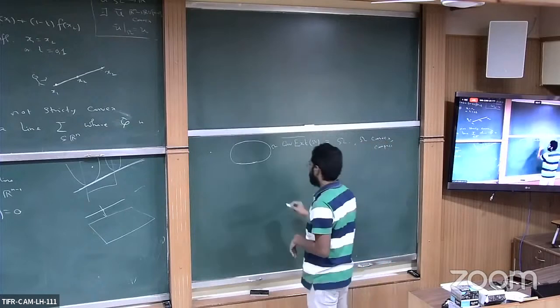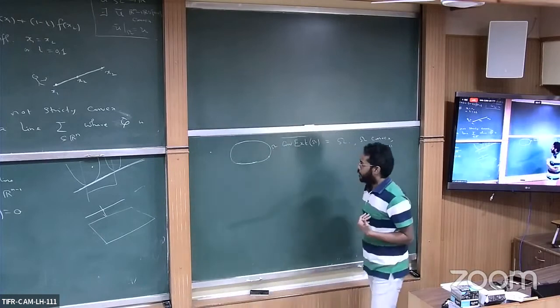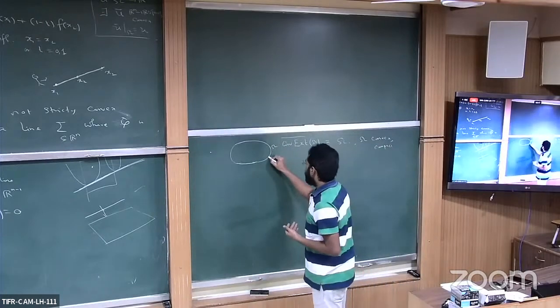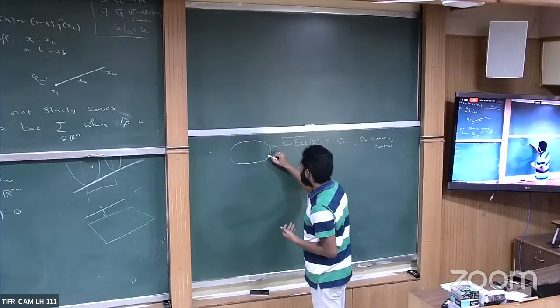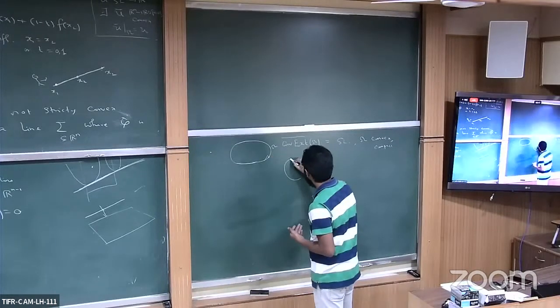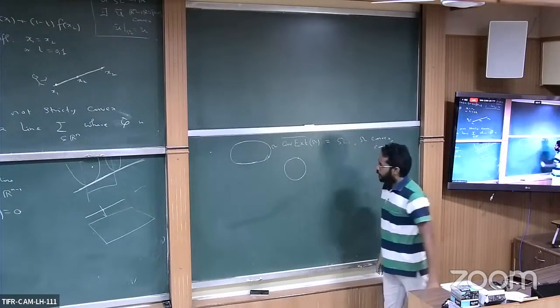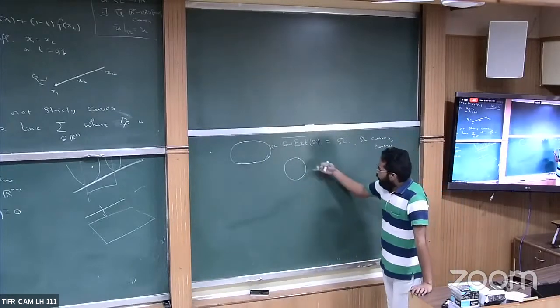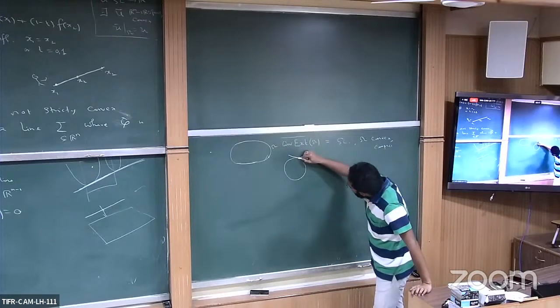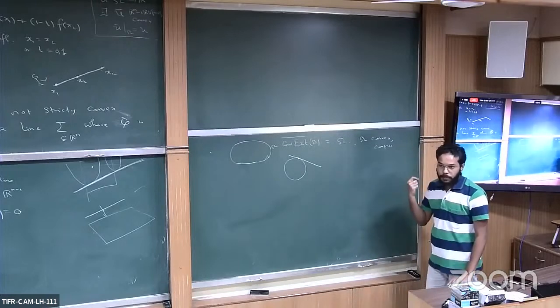The extreme points are those points which cannot be written as a convex combination of 2 points. For example, here, right? Or let us consider a square. These points cannot be written as a convex combination of 2 points. From the picture, it seems like the supporting hyperplane should touch at only one point, right?